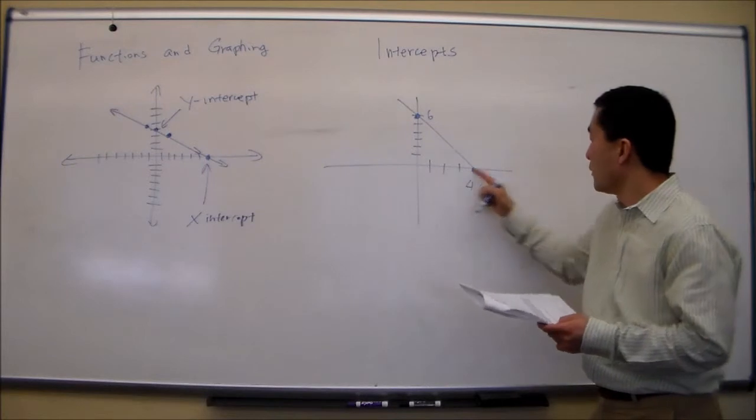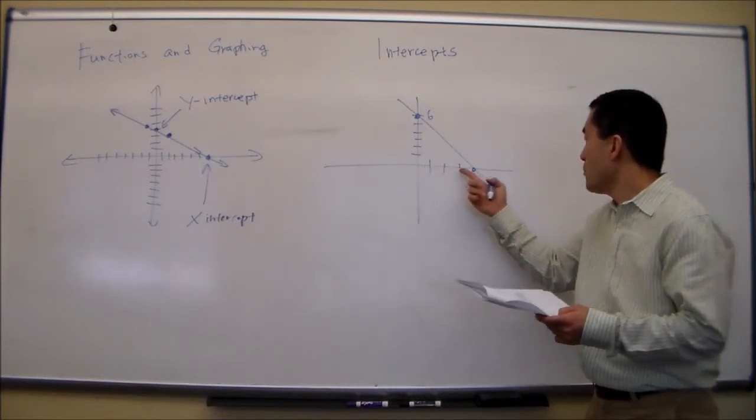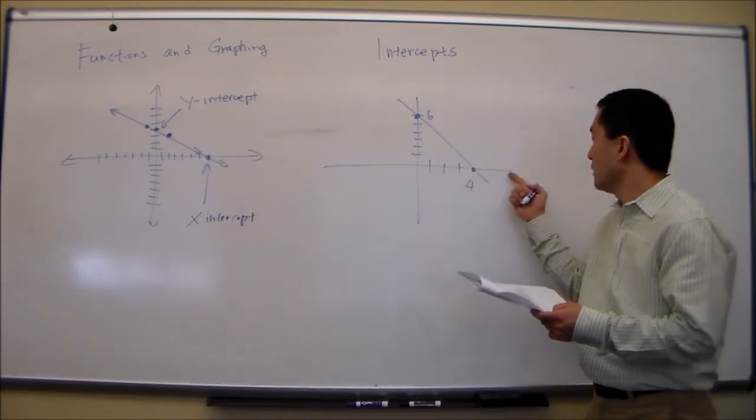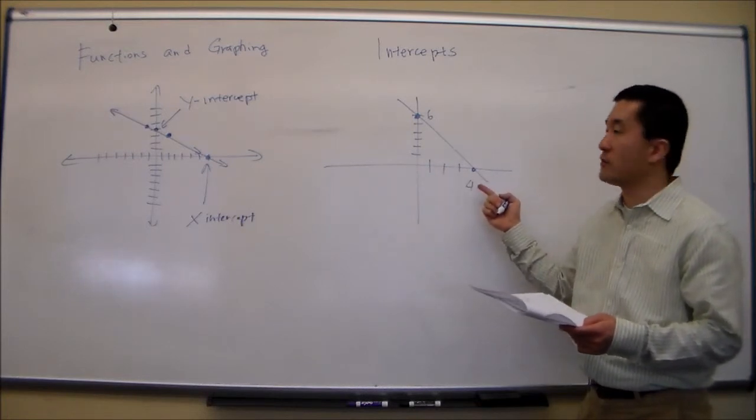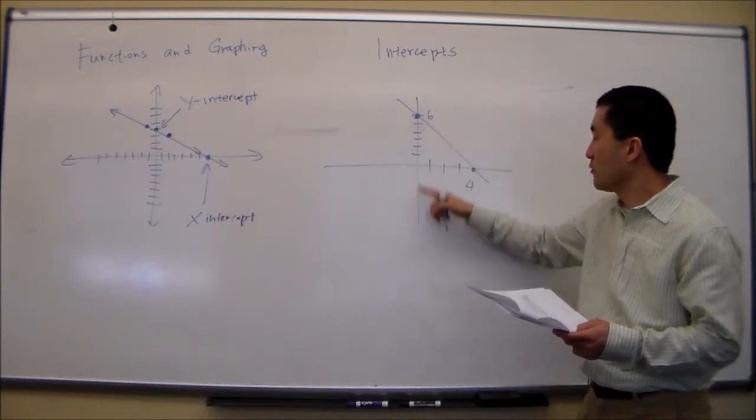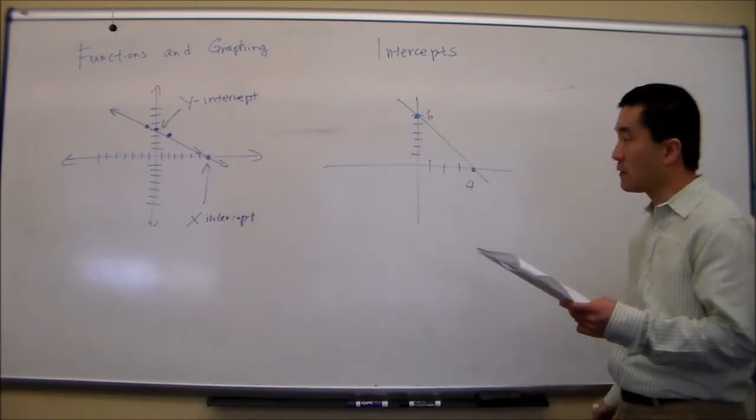Same thing for here, over here. So any point on this axis could be an x-intercept, and any point on this vertical line could be a y-intercept.